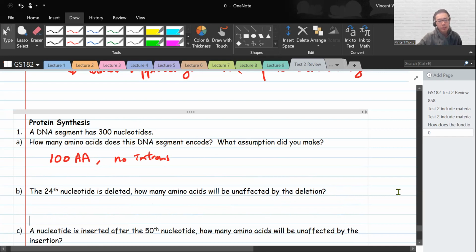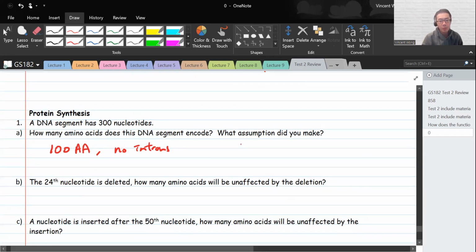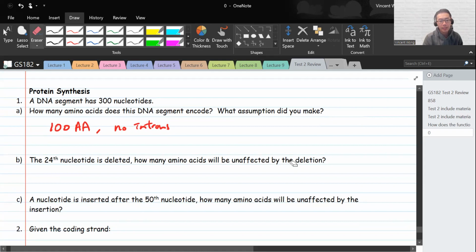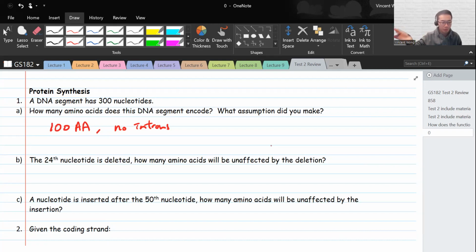The 24th nucleotide is deleted. How many amino acids will be unaffected by the deletion? If you do a deletion, you're going to have a frameshift mutation. All of you put that on the quiz, right? I don't know if you did it because we did it in the review or you understood what that means. But if you delete something at the 24th, everything behind it, you're going to have extensive missense. Everything before the 24th, number 1 to number 23, they're going to be fine.